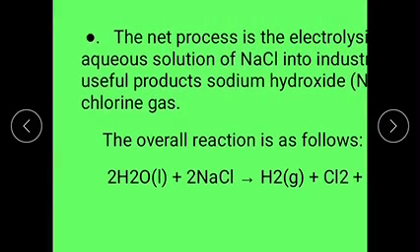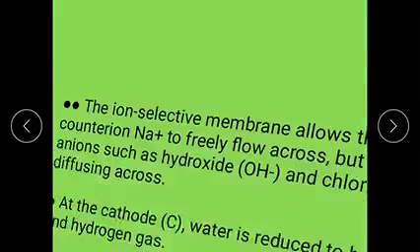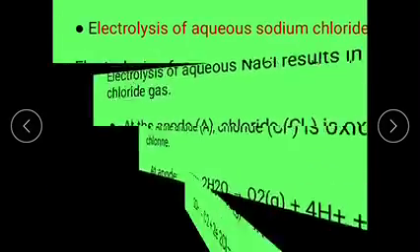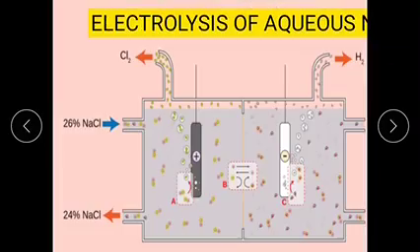The net process of reaction, simply, we can observe here: aqueous NaCl solution produces Na+, Cl-, H+ and OH- ions. The Na+ ions combine with the hydroxyl ions which are present in the water and produce NaOH.